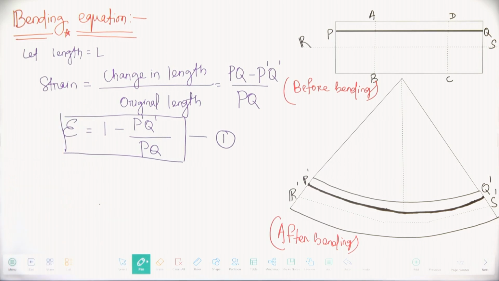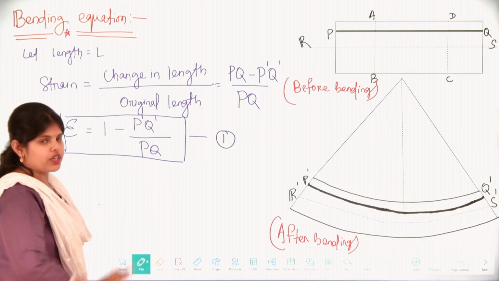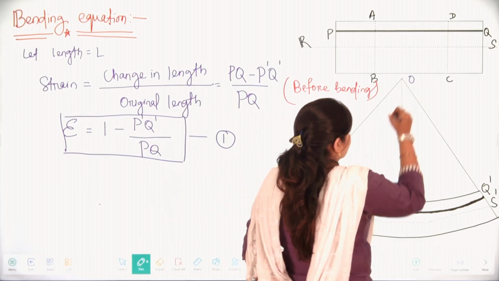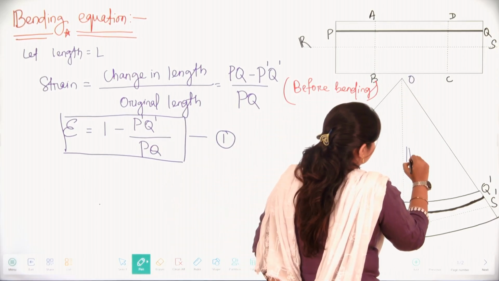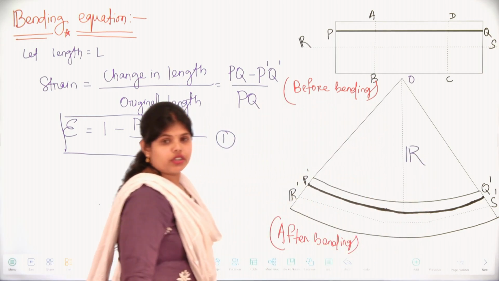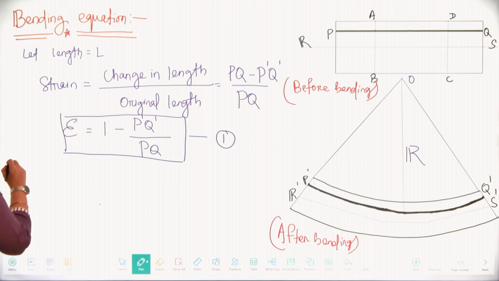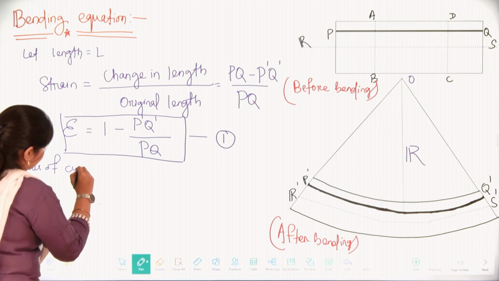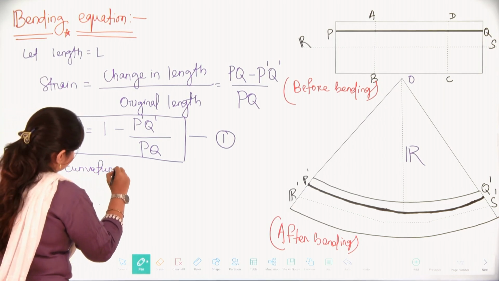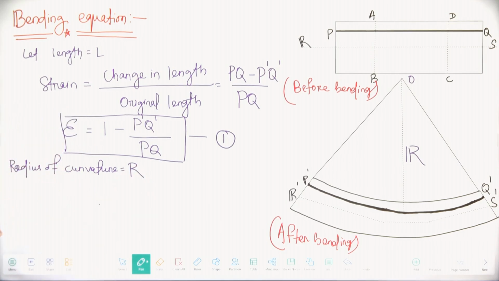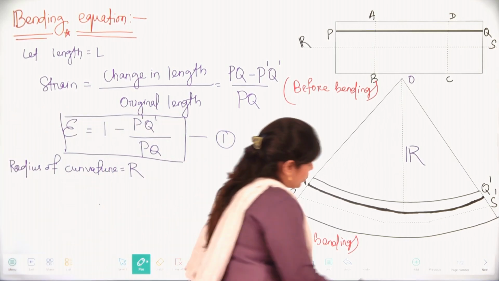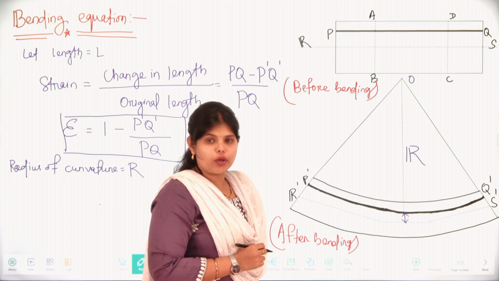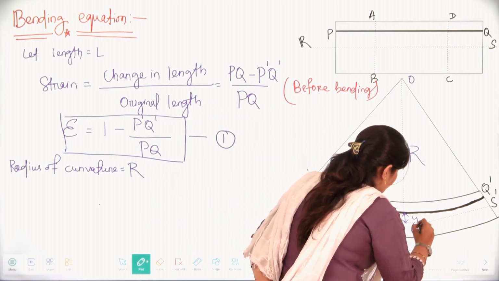Okay, we got the first equation. Let's take this point as O. The distance from O to this is the radius of curvature. Let the radius of curvature be R. Also, the distance of the beam fiber from the neutral axis is y.